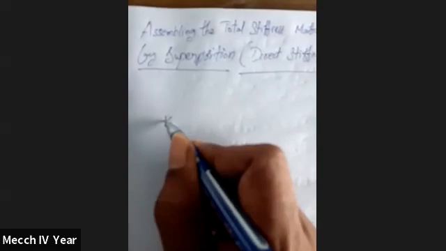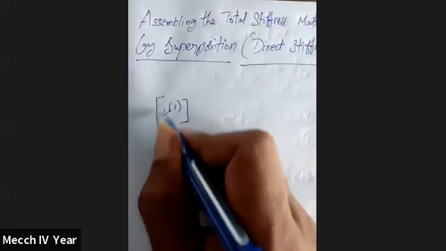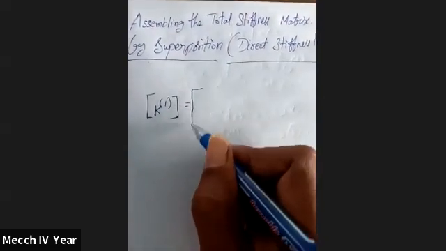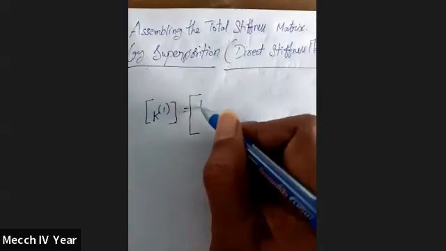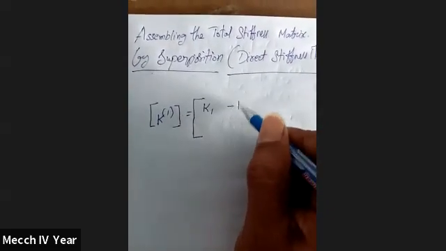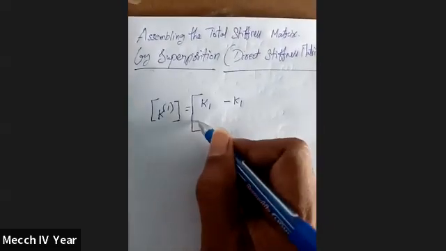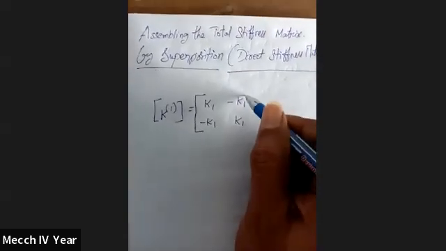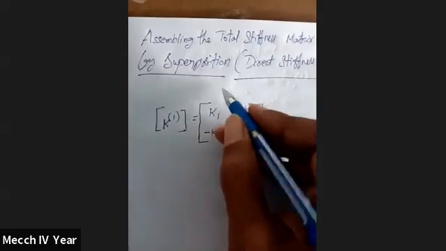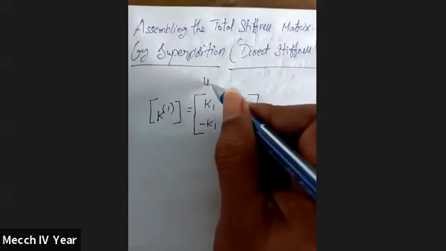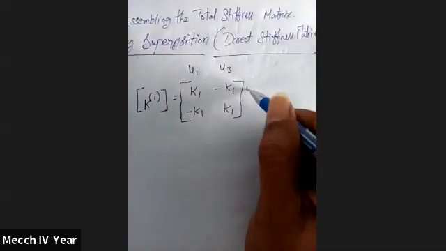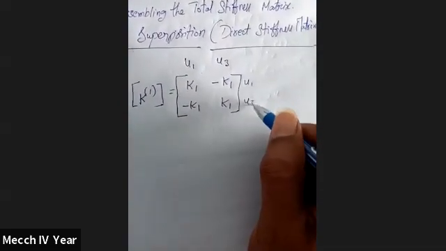So the first element stiffness k is equal to k1, minus k1, minus k1, k1. Here this one is u1 and this one is u3.